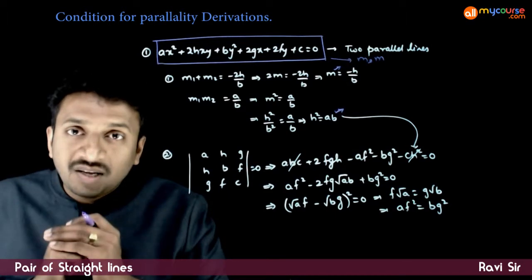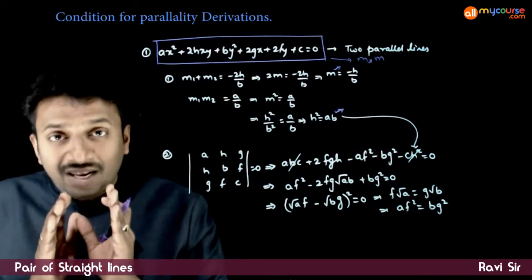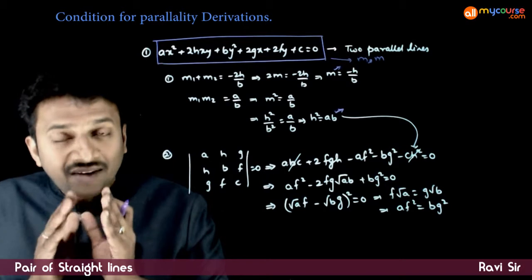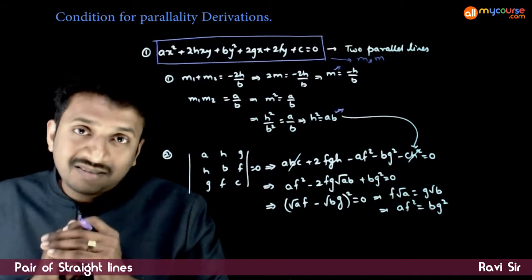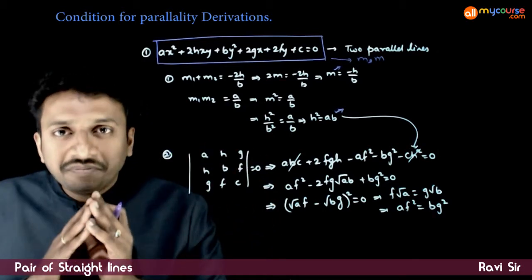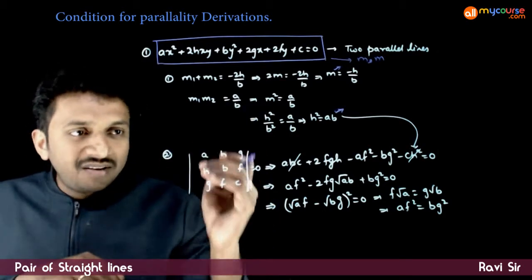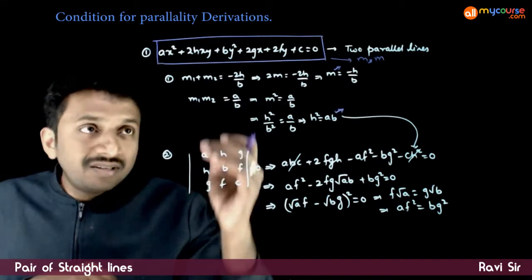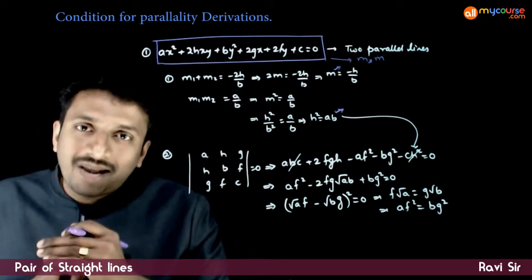And once h square is equal to ab, if the lines are real, they have to be parallel. Next, if the lines have to be real, then delta should also be equal to 0. So apart from this, if delta is also equal to 0, then they represent parallel lines.